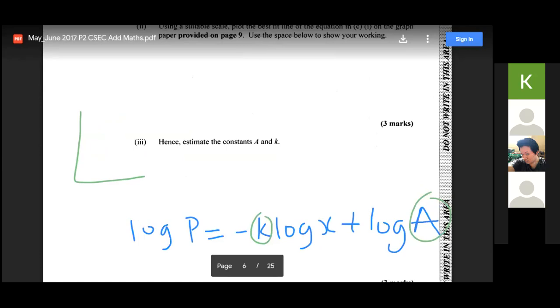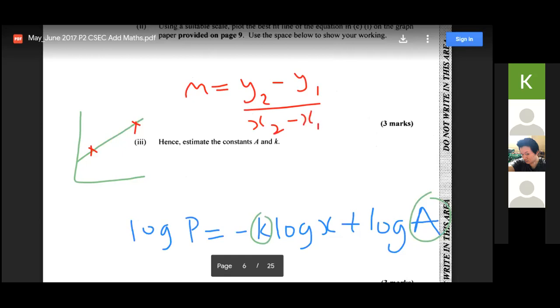You take 1 to the bottom and then 1 all the way to the top. We know the formula for gradient: m equals y2 minus y1 over x2 minus x1.